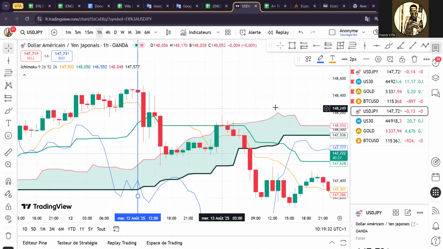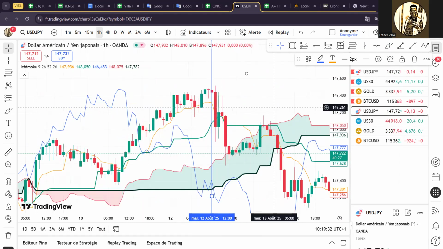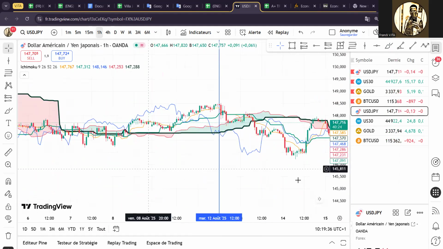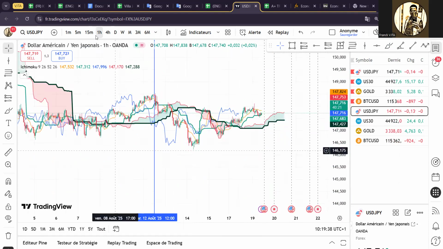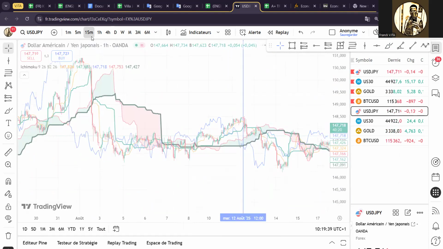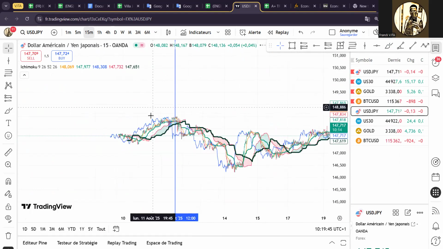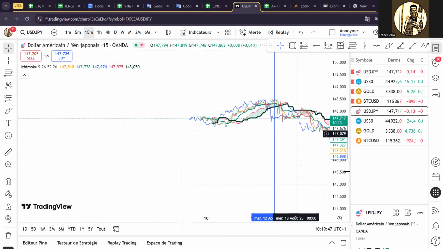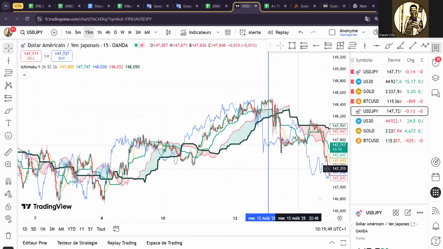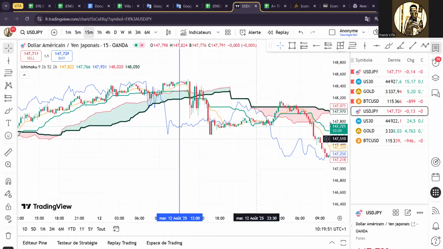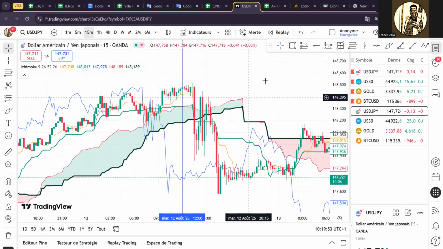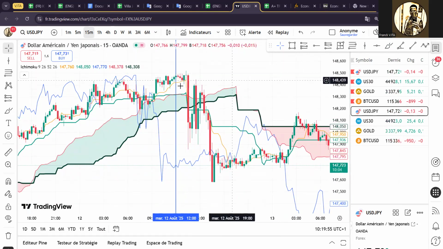When you sell it, if in your mind inverted Tenkan are not yet clear to sell, you can literally just go just here in 15 minutes. You have opportunity to sell just right here, right?